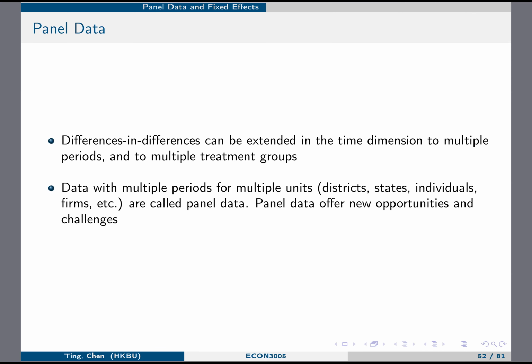For each year, we survey the same household and ask maybe their income, their consumption, any aspect of their life that they're willing to answer. Because we survey multiple households for multiple periods, it will also be panel data.